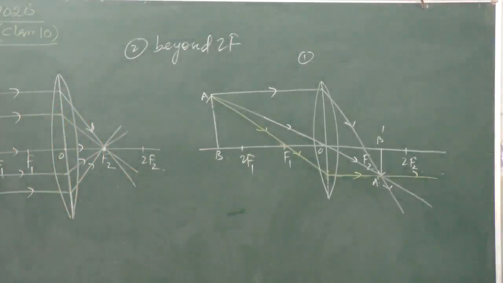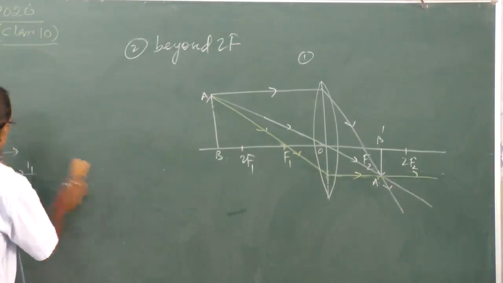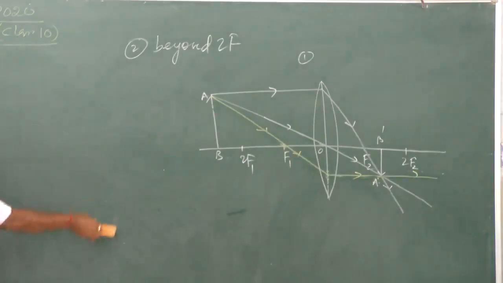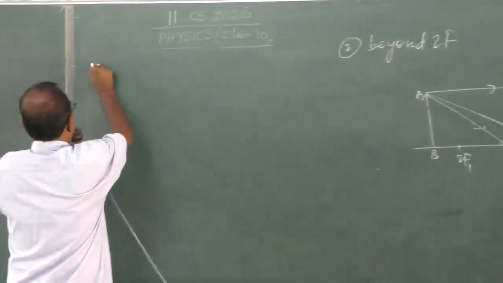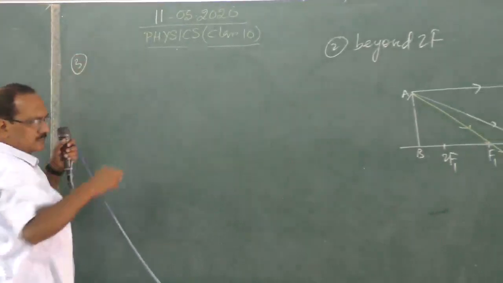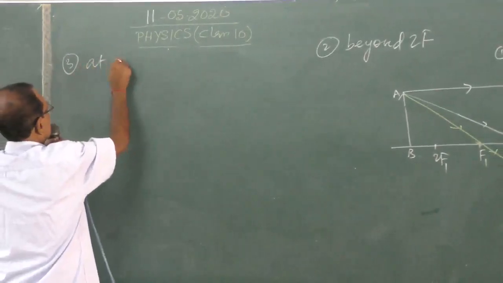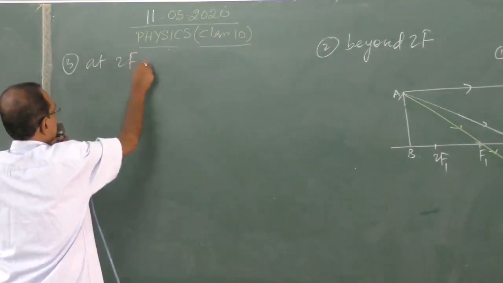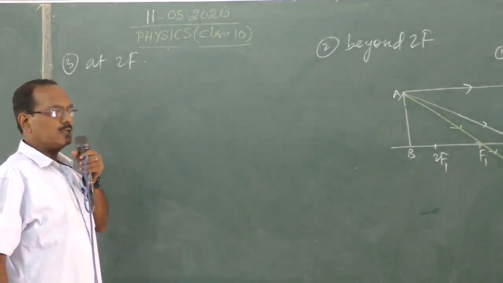Now the third one. Number three: object at 2F1, or at the center of curvature.